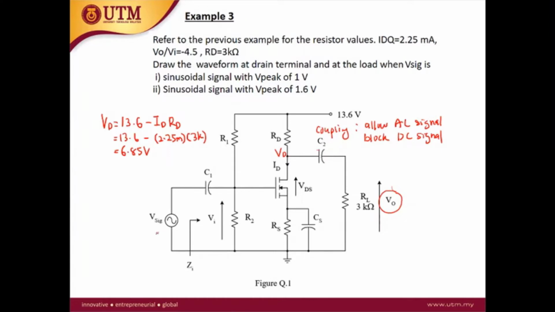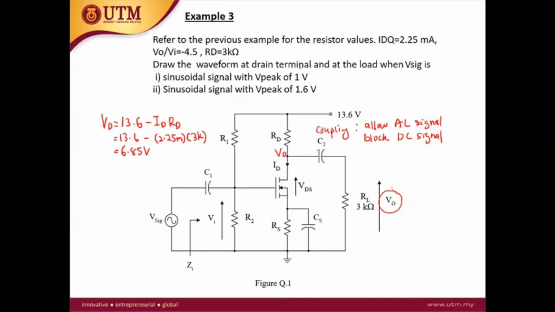So without any application of the AC signal at the input, the voltage at this point is equal to 6.85. Once we add the AC signal at the input, this value of VD will oscillate, changing up and down depending on the shape of the input signal.